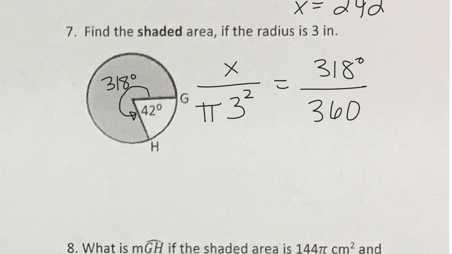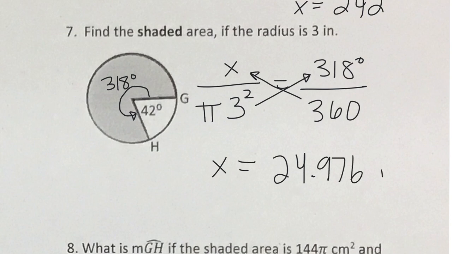This is the proportion that we get. Okay, we should cross multiply, and when we cross multiply and divide, we get a shaded area of 24.976 square inches. Okay, so you have to use the angle of the area you're trying to find.